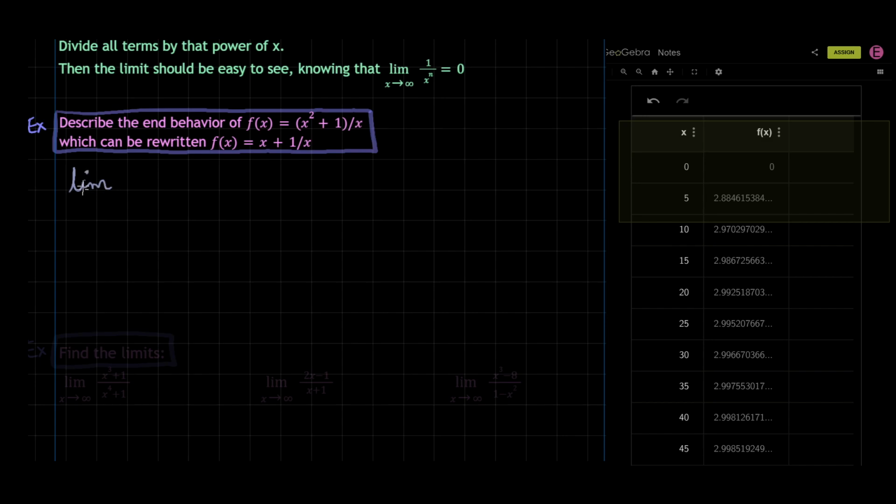So we're wanting the limit as x goes to, first we'll do positive infinity, of x squared plus 1 over x. I'm going to multiply everything by 1 over x squared. The top is going to need to get distributed.